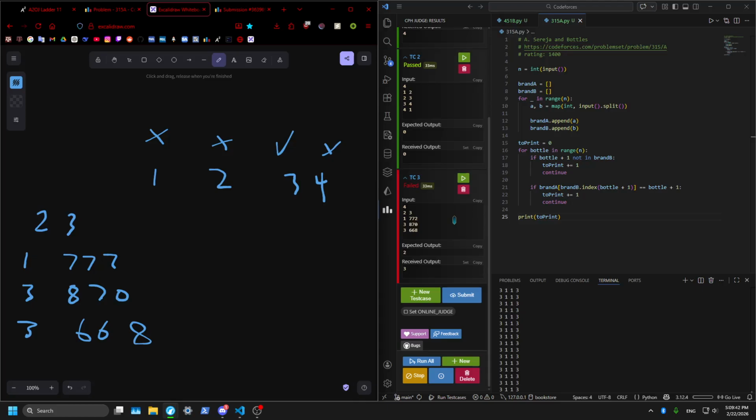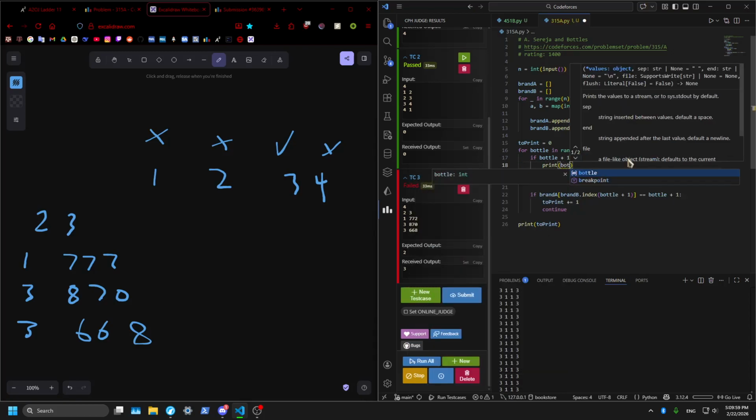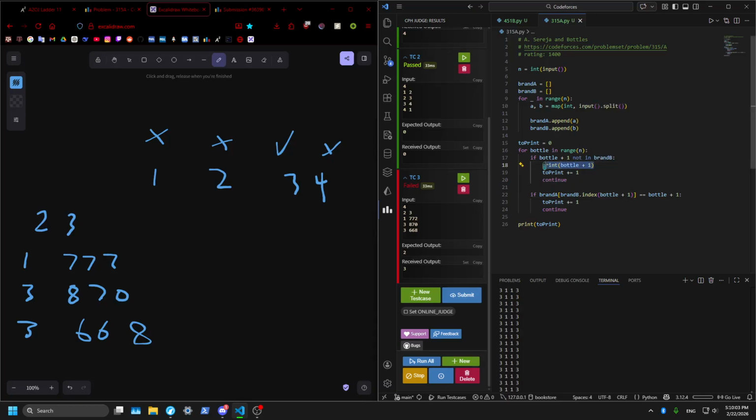How am I receiving output 3? One, two, four, 3. Why? 1, 2, 4, 3. That's not it.